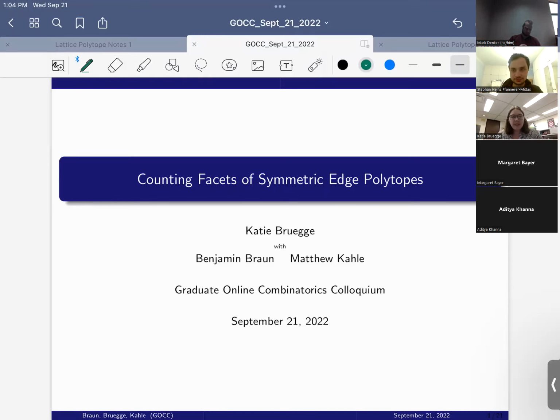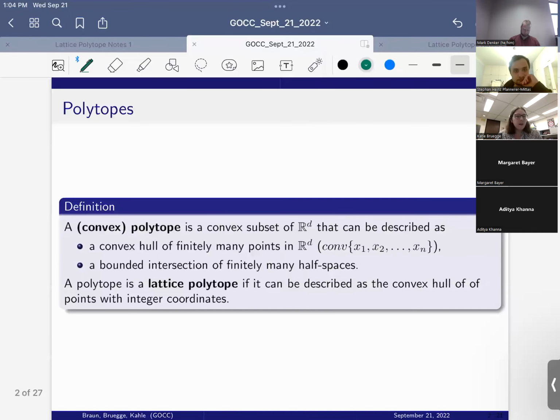So as we said, I'm talking about facets of symmetric edge polytopes. A good place to start with that would be the definition of a polytope. In general, a convex polytope is a convex subset of a real space R^d that can either be described as the convex hull of finitely many points in R^d, or as the bounded intersection of finitely many half spaces.